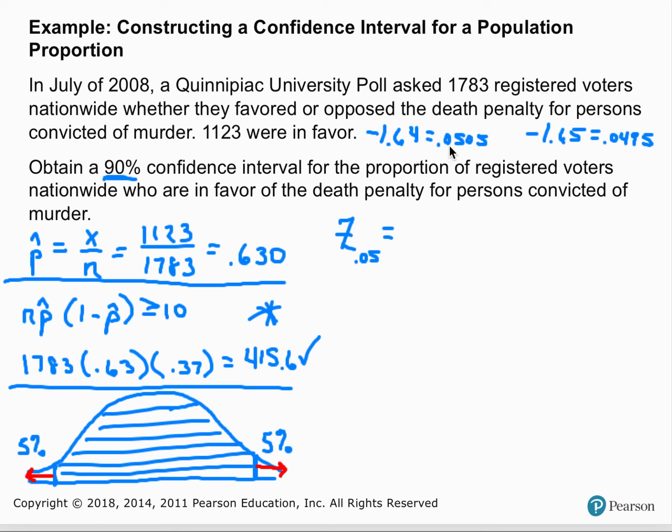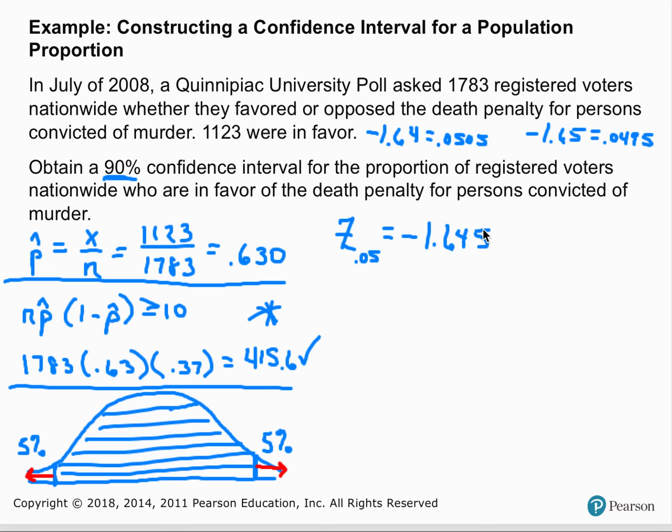So 0.0505 is 0.0005 away, and 0.0495 is 0.0005 away. If I can't tell, subtract them. This minus this will get 0.0005, and then this minus this, you'll get 0.0005. So I need to go exactly halfway in between. So 1.645.